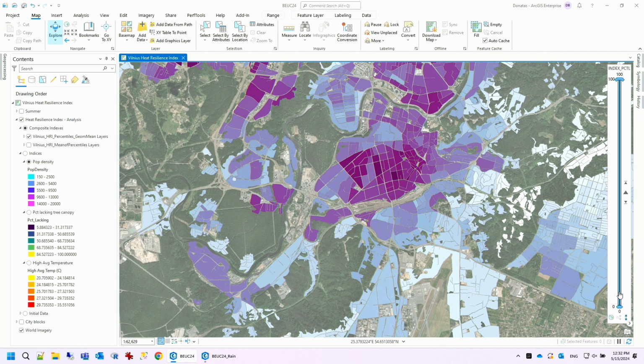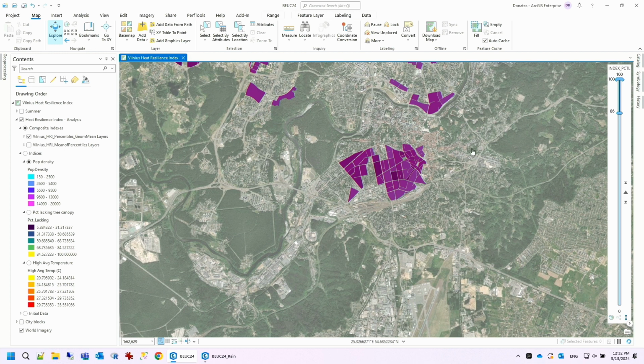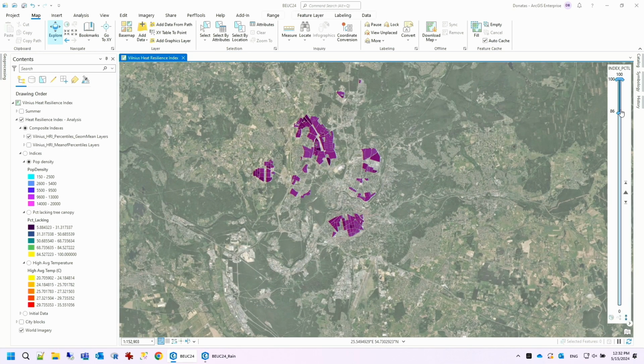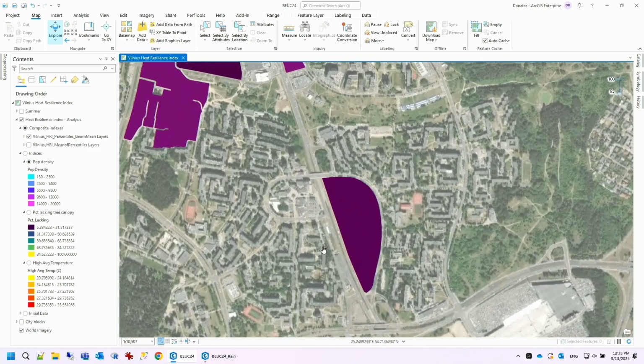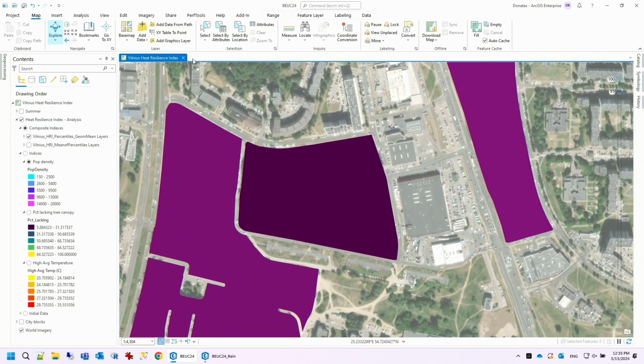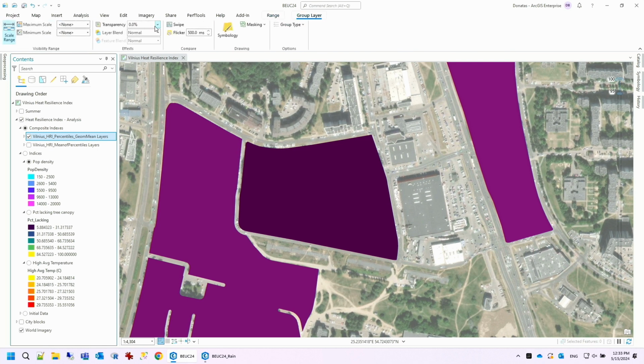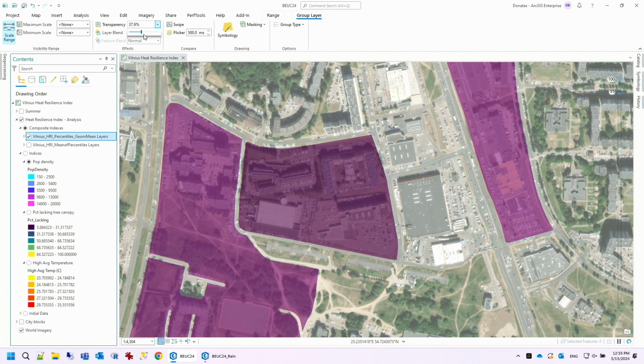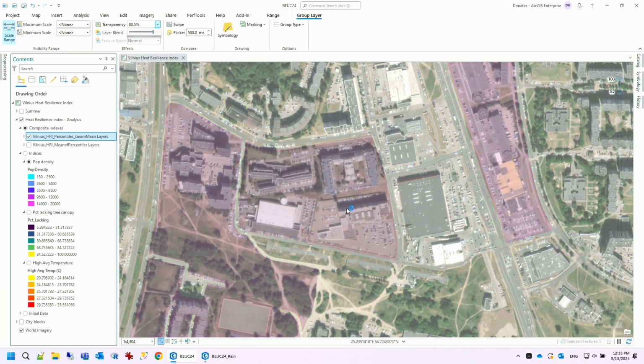When making a decision based on this result, I may simply look for the worst situations in the city. So if I use a range here, I may find the worst locations where you have people living in huge residential buildings in locations where there are almost no tree canopies.